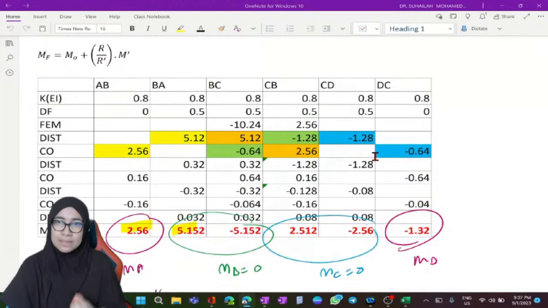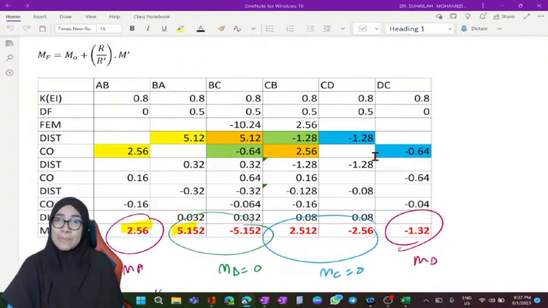When delta is given, we can calculate FEM directly. So we can have the FEM due to support settlement directly, and we can have table 1 for loading and table 2 for support settlement, and combine the member end moments at the end of the analysis.